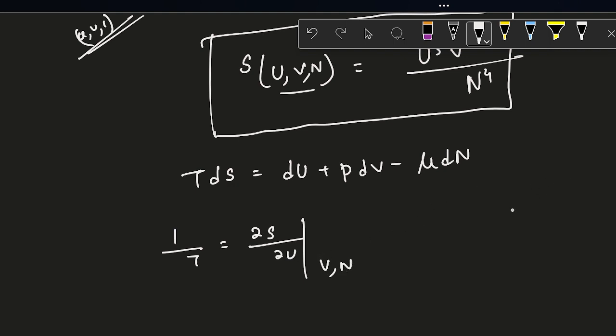Similarly, when U and N are constant, that means dU equals 0 and dN equals 0, you get P dV equal to TdS. So in that case, P by T becomes the partial derivative of S with respect to V when U and N both are fixed. Putting these in subscript like that, we mean to say that they are fixed. They are not changing.